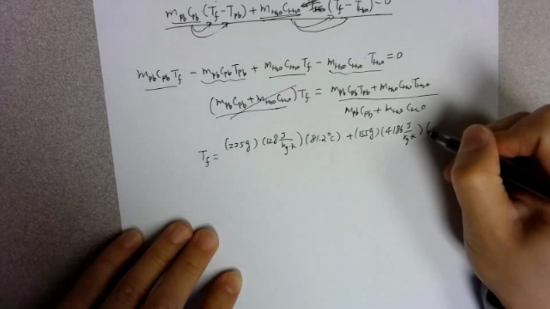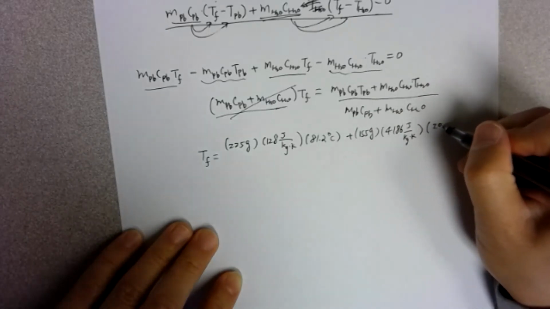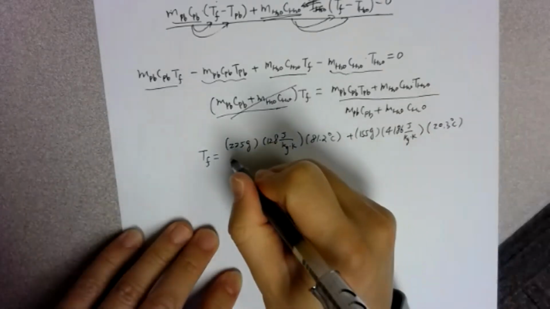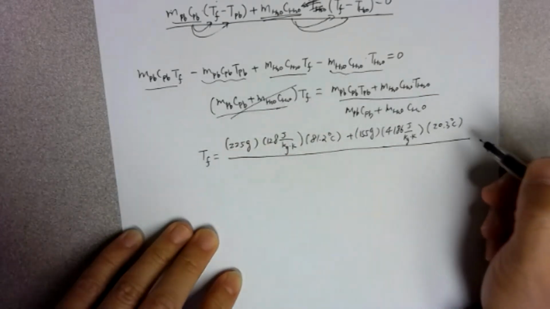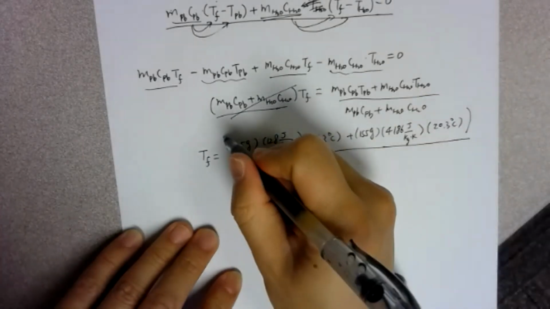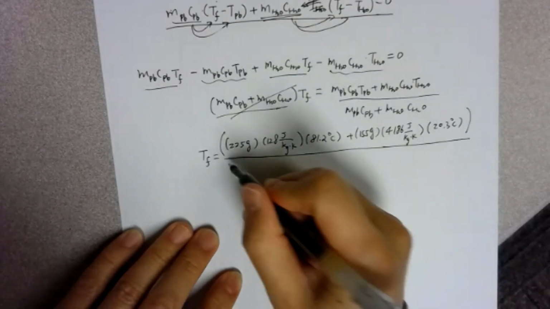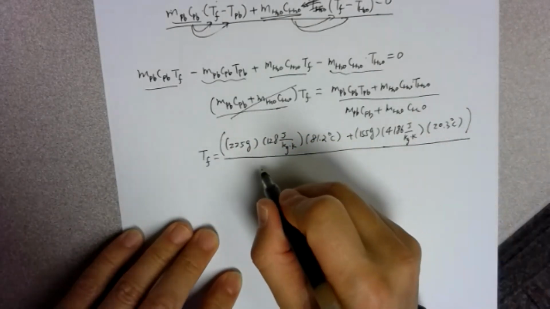then times TH2O initially, 20.3 degrees Celsius. All this together, so you might want to put a bigger pair of parentheses there, divided by whatever you have at the bottom, added up.